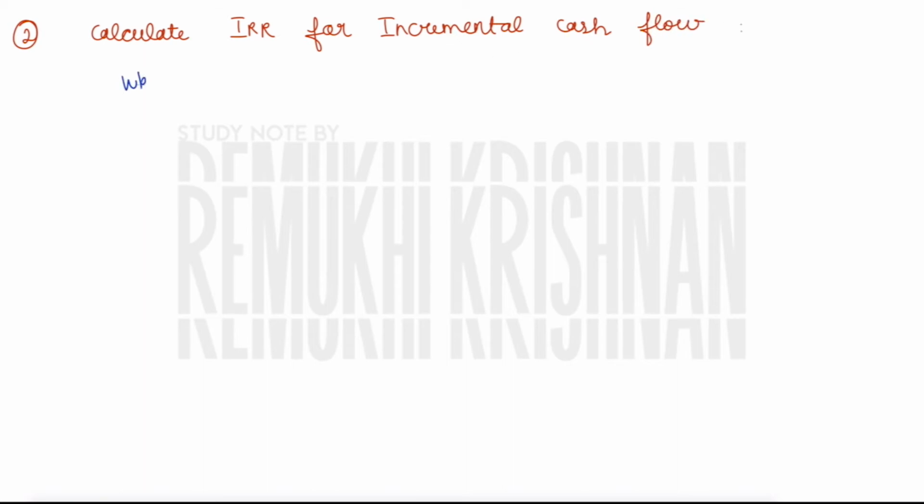The second step is nothing but to calculate IRR for incremental cash flows. Your incremental cash flow is nothing but the answer arrived at after finding your differential cash flows. So already we know that at IRR, present value of cash inflow is equal to present value of cash outflow. Let us equate these two.